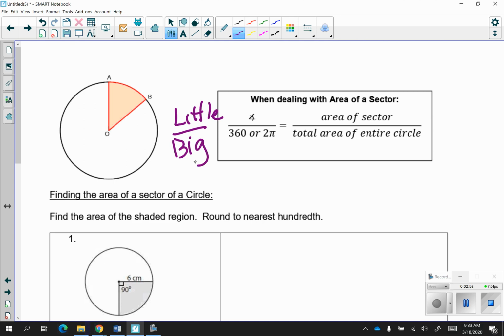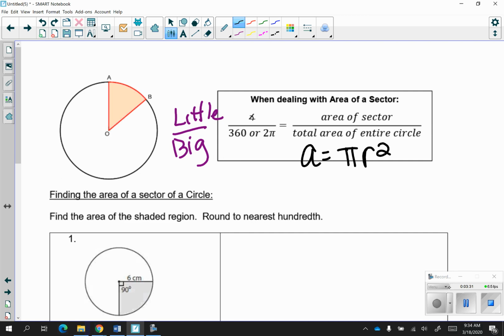We take the measure of the angle, whether radians or degrees, in the denominator, equals the area of the sector, just the small, versus the area of the entire circle. Keep in mind the area of a circle is equal to pi times the radius squared.